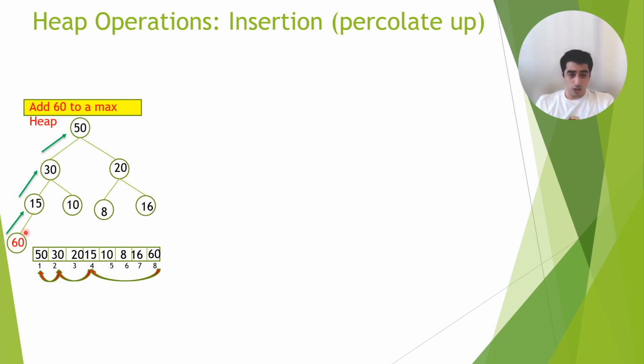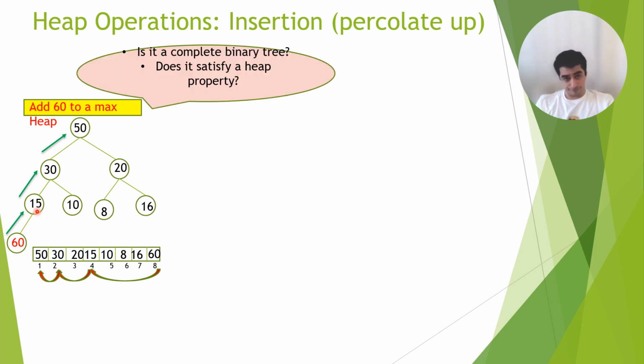You're going to compare the node 60 with its parent, which is 15, and if it is not less, you need to swap it with the parent. In this case, 60 is not less than 15.